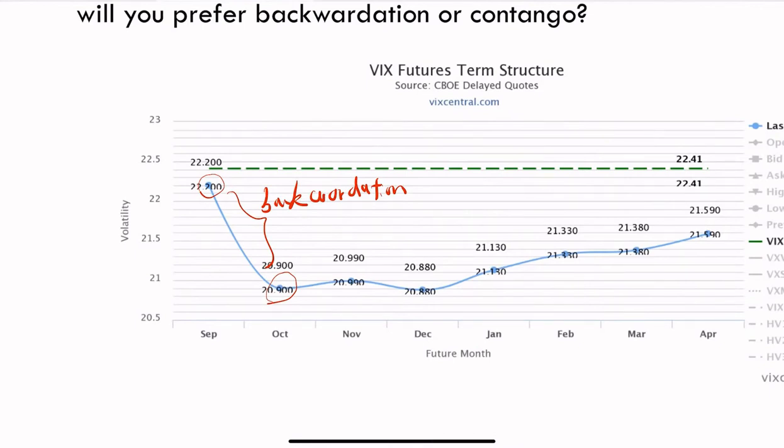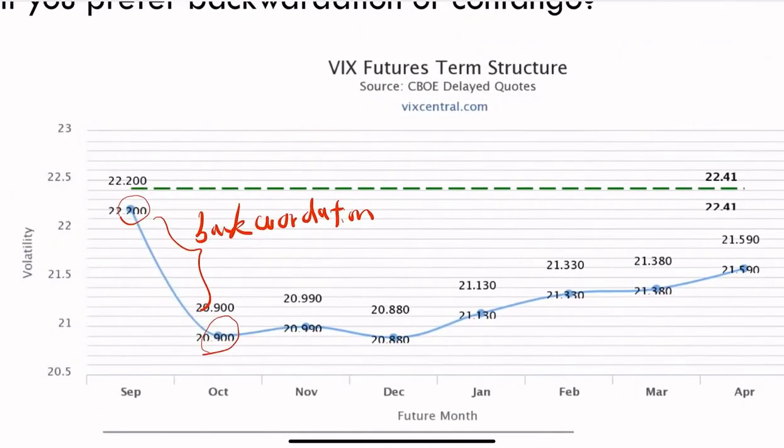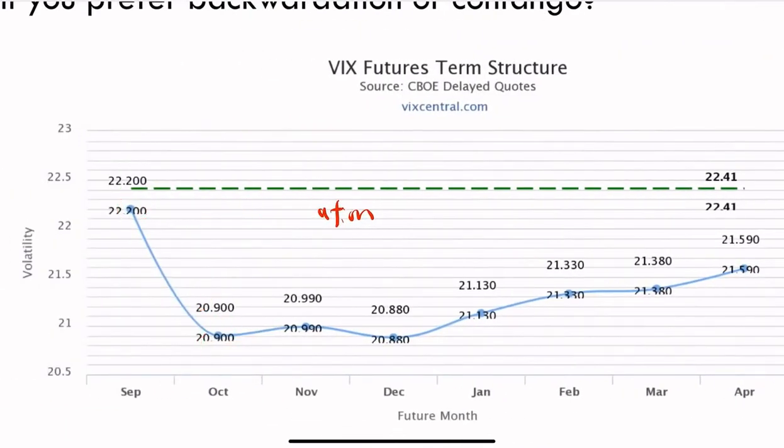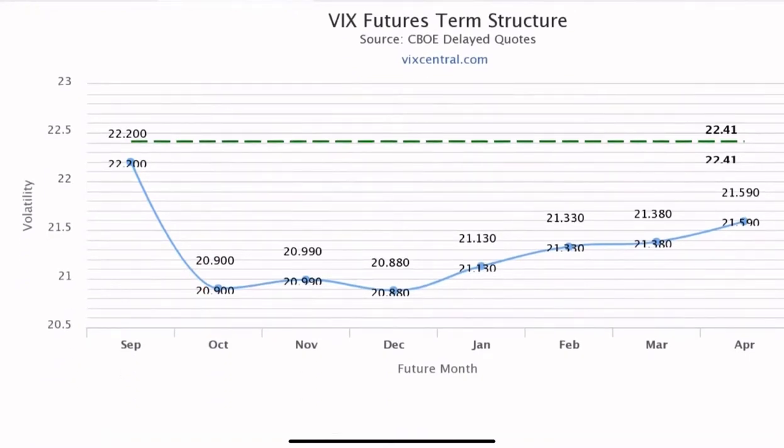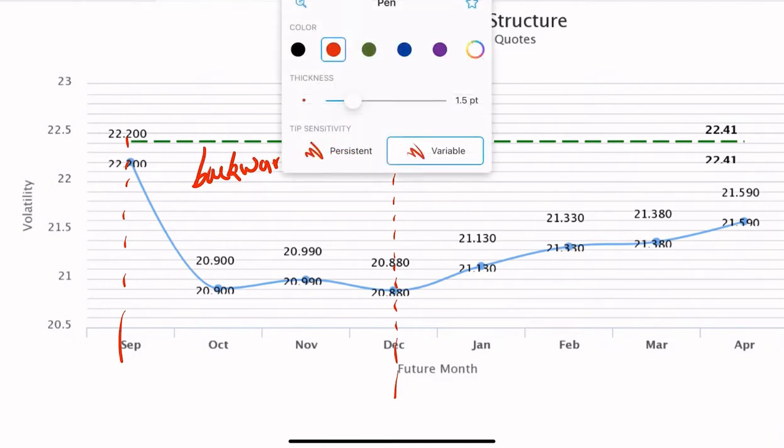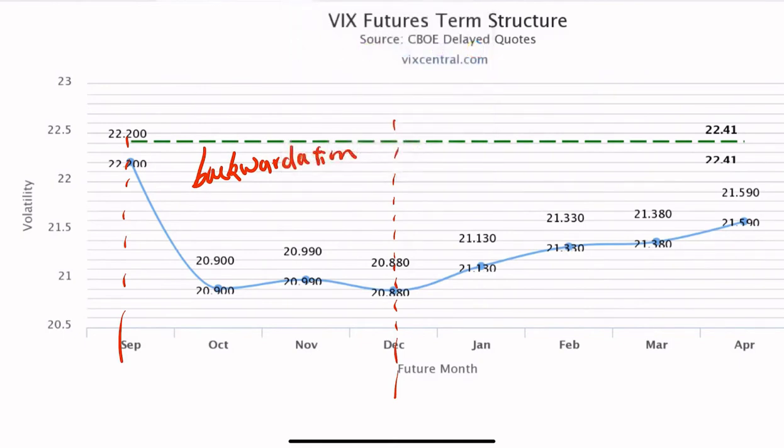So this is backwardation. And if you look at this whole curve, roughly speaking, from September to December, we have backwardation. And then you can guess that from December to the next year's April, we have Contango.